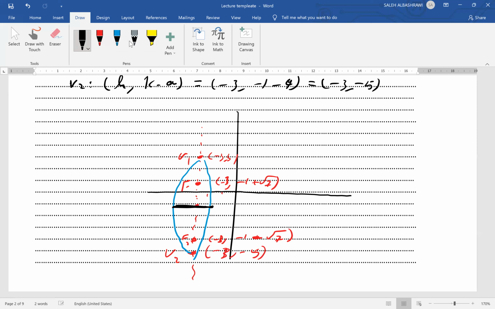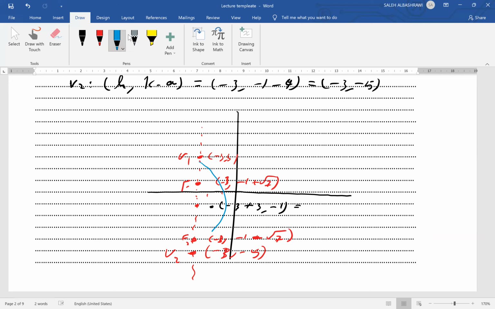For this point, it should be minus 3 plus b, plus 3 and minus 1, which is equal to, we want it should be within the 0. This is not that accurate. Should be 0.